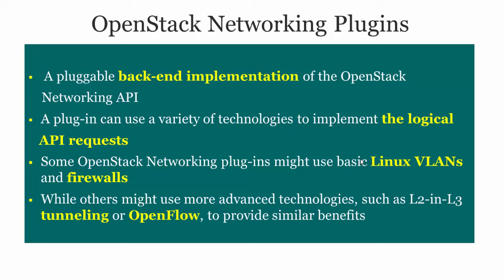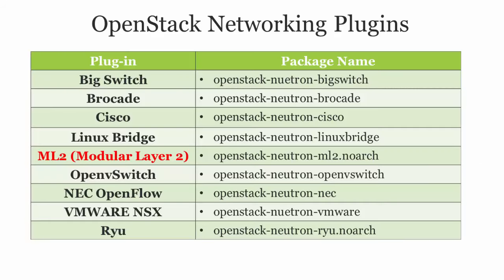Even if we don't have the specific tunneling technology or OpenFlow, using the networking plugin service, anytime we can implement this kind of service. For this purpose, Neutron can provide various plugin services like this: Big Switch, Brocade, or Cisco, Linux Bridge, Open vSwitch, or other OpenFlow as well.